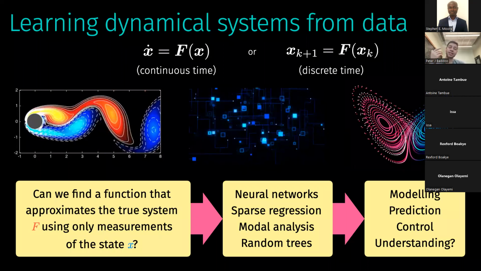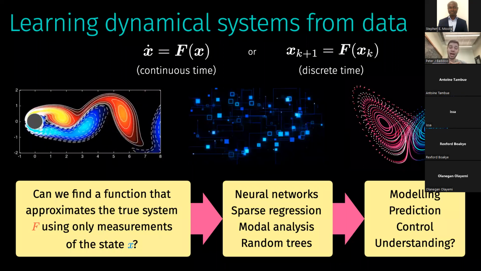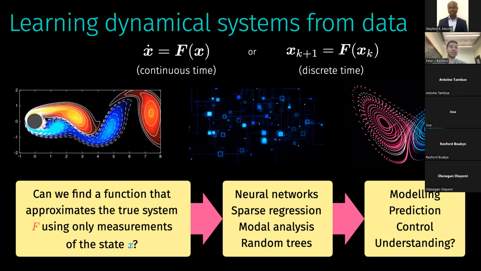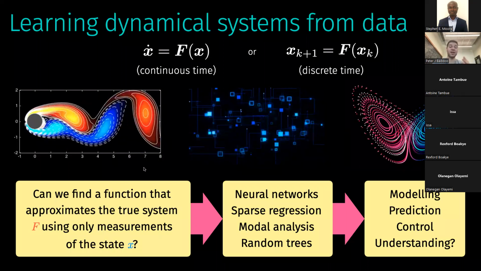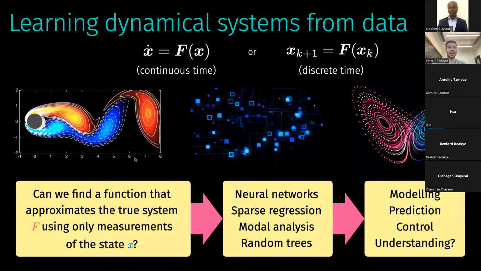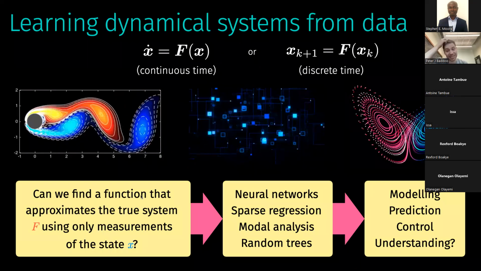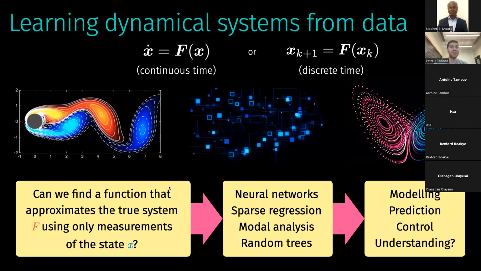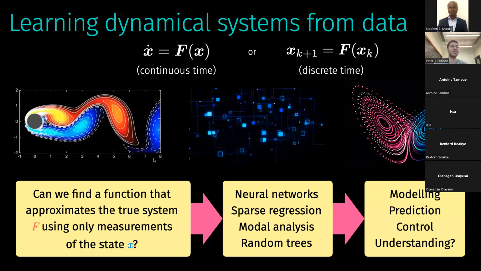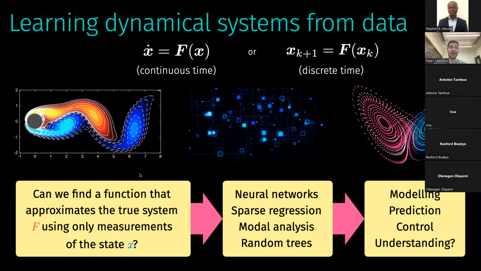Another reason might be that we want to infer a simpler model for something like the Navier-Stokes equations, and we can use data to infer that effective model. We probably all know that solving the full Navier-Stokes equations is extremely challenging, but in many fluid dynamic situations, the vast majority of the flow behavior is characterized by some coherent and persistent patterns.